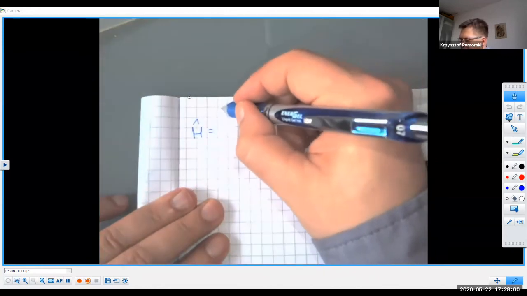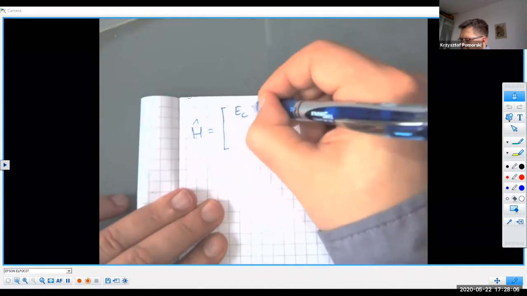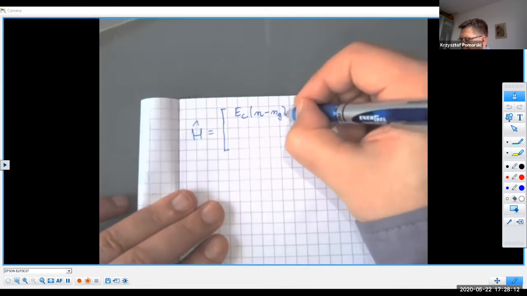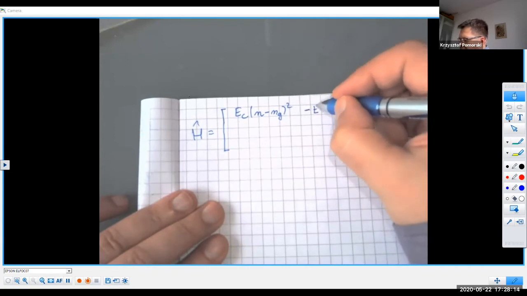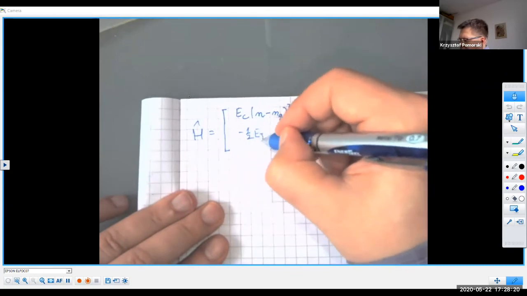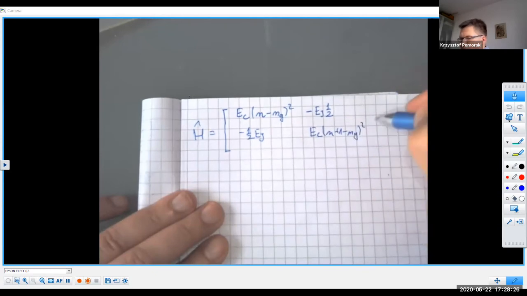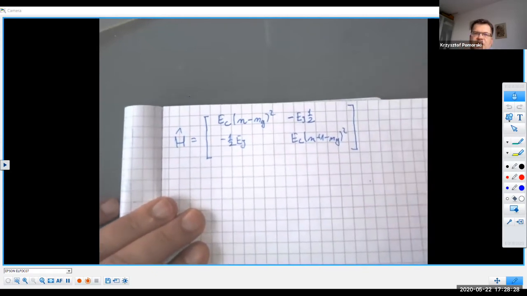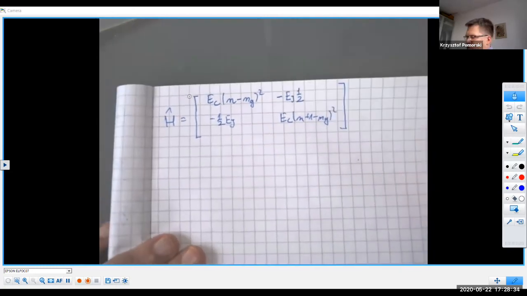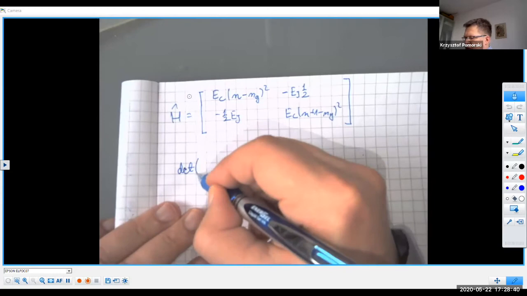So let me just write it: charging EC (n minus ng) squared, minus EJ over 2, EJ, and here we have the second diagonal term. This is our minimalistic two-level Hamiltonian. And then the rest is simply just algebra. So we can describe its eigenenergies.